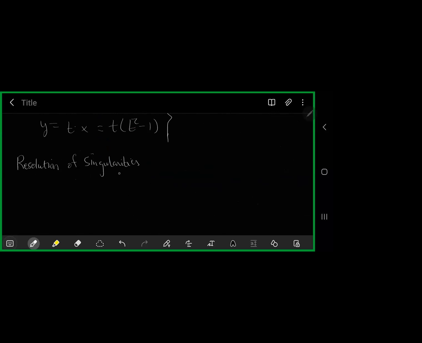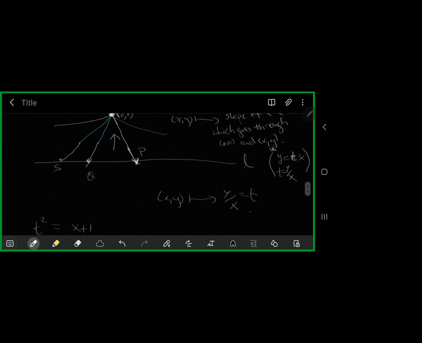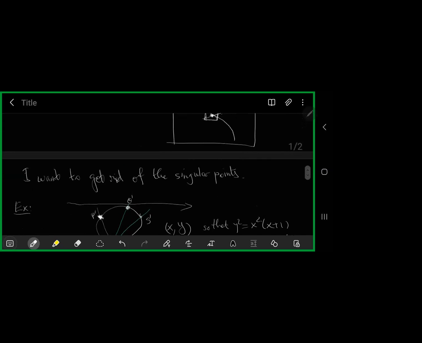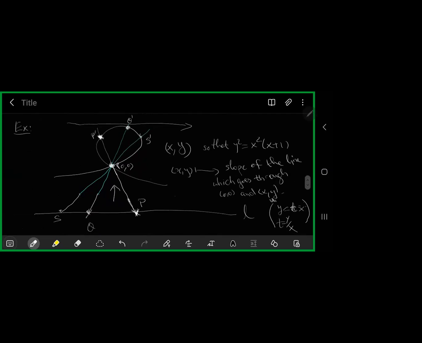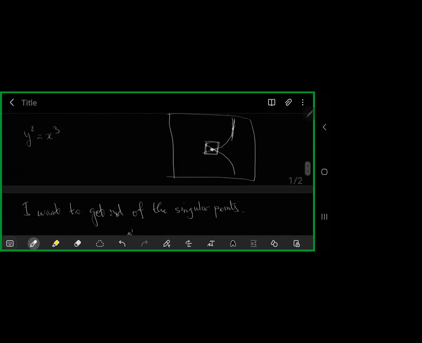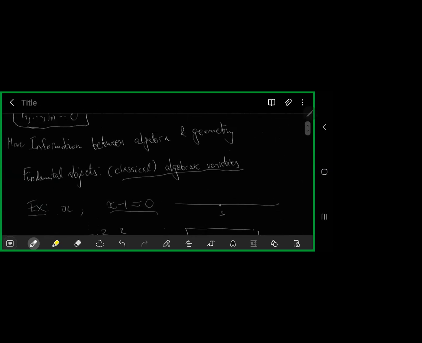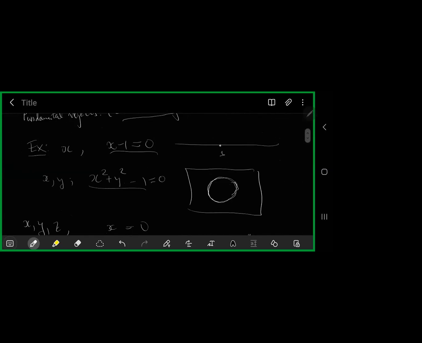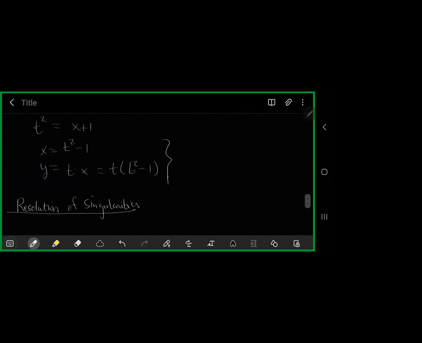And I'll just state what is known. If you have algebraic varieties, which, well, I have to say several conditions, but basically, if you do algebraic varieties in the classical sense, the one we're talking about right now, then you can actually always resolve them, and you can do that in a nice way.